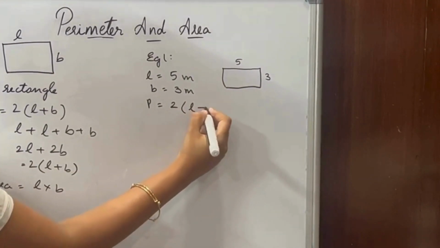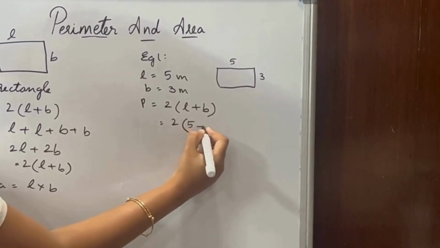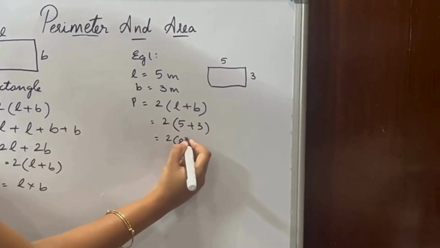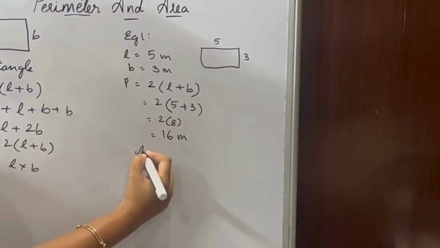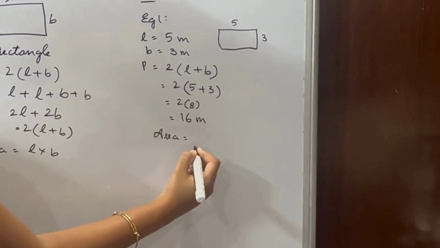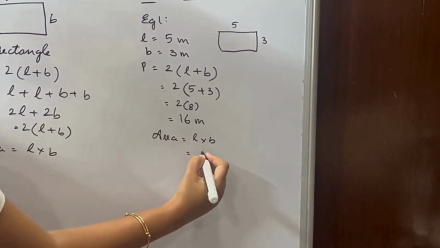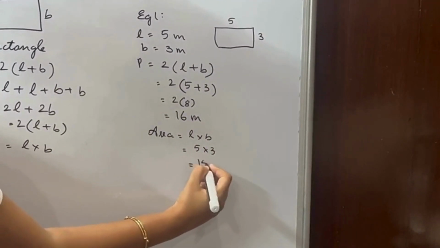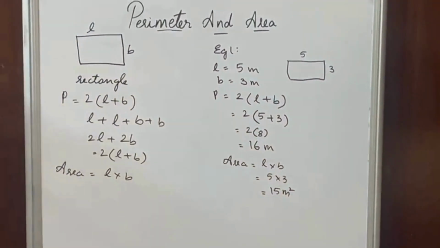The length is 5 and the breadth is 3. The perimeter of the rectangle is 2 times (L plus B), so it is 2 times (5 plus 3), 2 times 8, which is 16 meters. The area of the rectangle is length into breadth. Sometimes they would give width in place of breadth. Both are the same. So L is 5 and B is 3. 5 into 3 is 15 meters square.